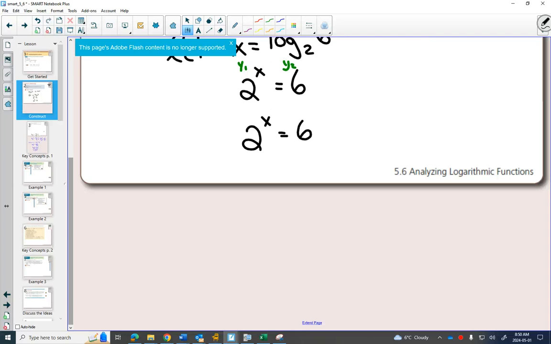Because log is a function, just like square rooting, just like squaring, if you square root one side, you have to square root the other side. So if I log one side, I have to log the other side.